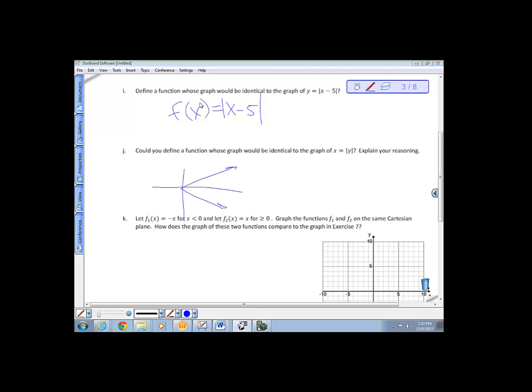If you think about it, it's not a function because there are repeated y values for each individual x.